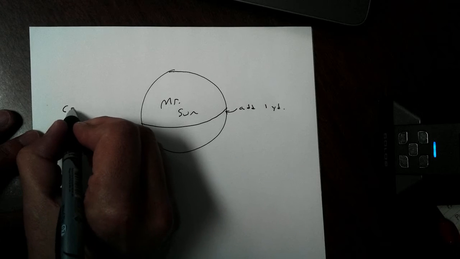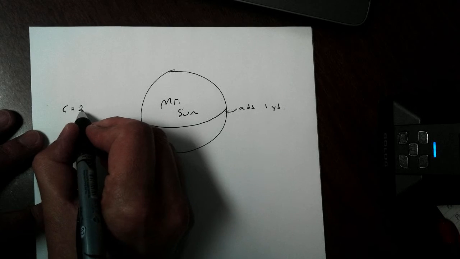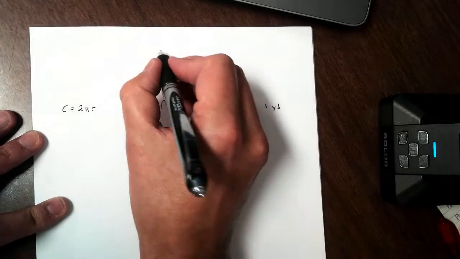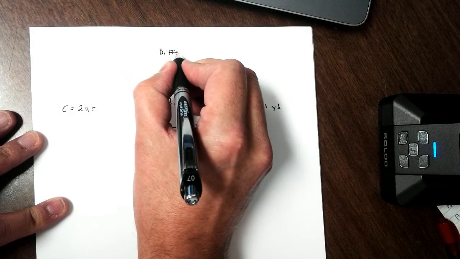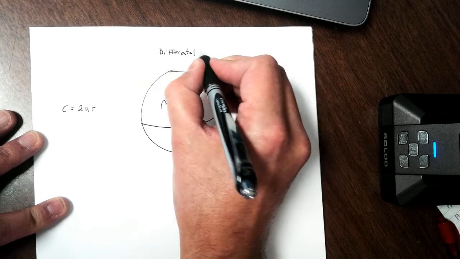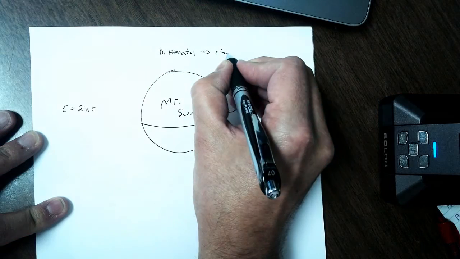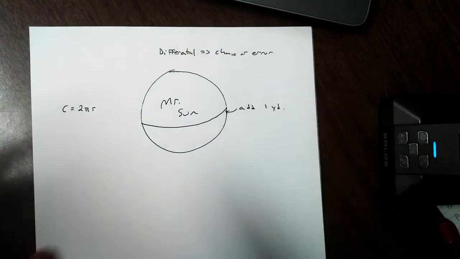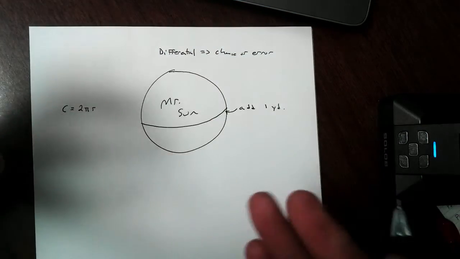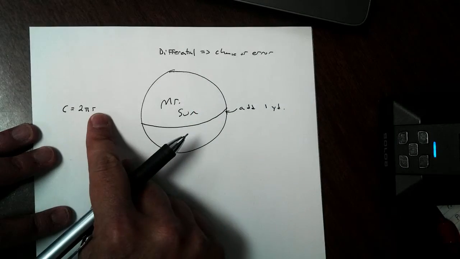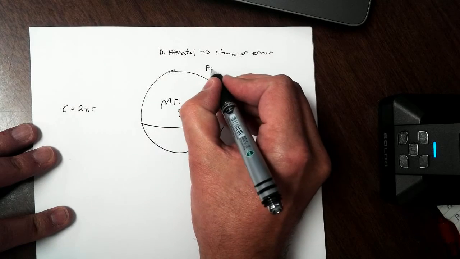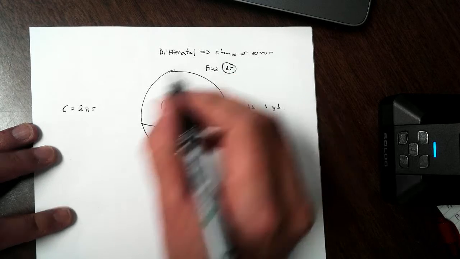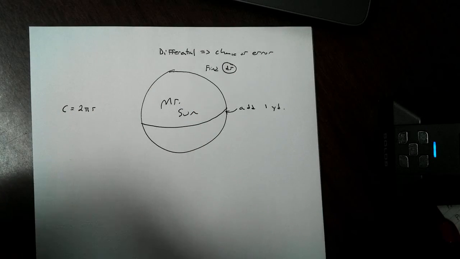Now we know the circumference of our belt would be 2 pi r. Remember, a differential finds the change or the error in a variable. So what I'm being asked here to find is the change in r, dr. How is the radius changing?